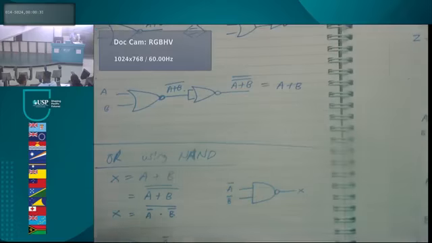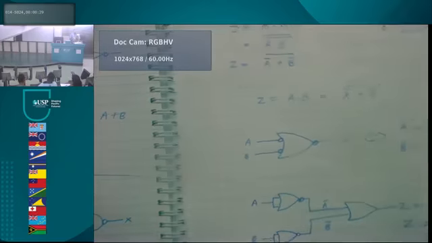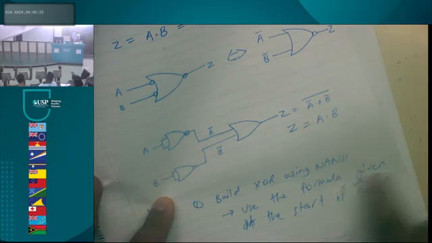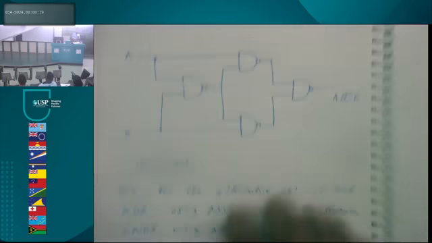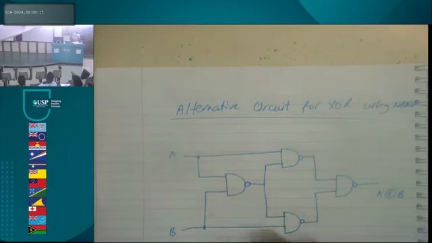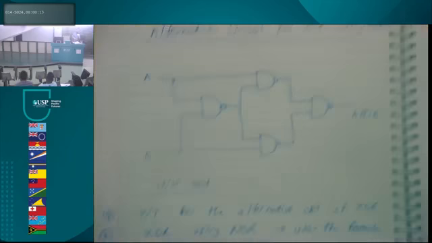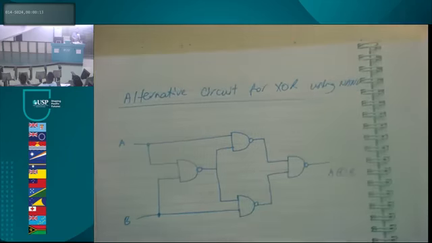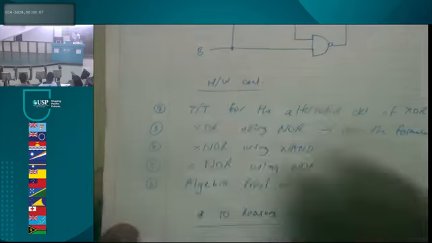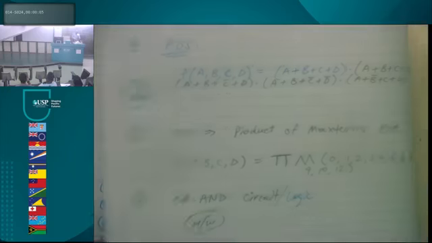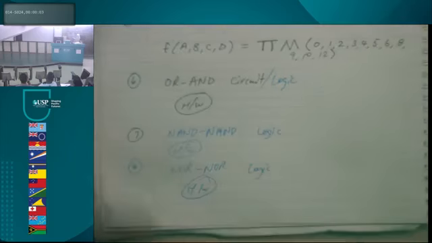The homework says build XOR using NAND. Use the formula given at the start of week 5, lecture 1. And then I said, okay, this is an alternative circuit for XOR using NAND, an alternative to this one. All right.